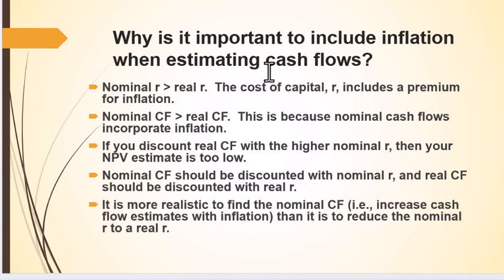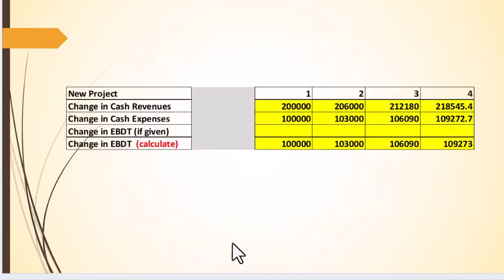Again, this just becomes a sticking point, because at times certain companies may want us to adjust or show real cash flows rather than these cash flows that include inflation. So let's look at this particular project. What are our changes in cash revenues? We have a calculation here that every year cash is going to increase by a certain amount, in the ballpark of about 3%.